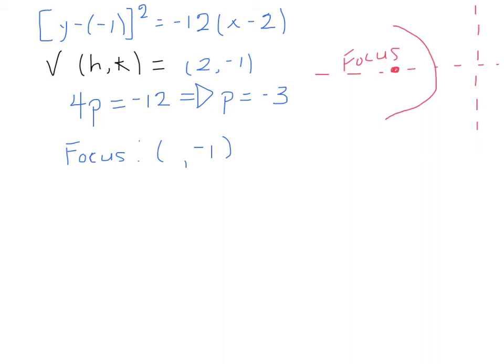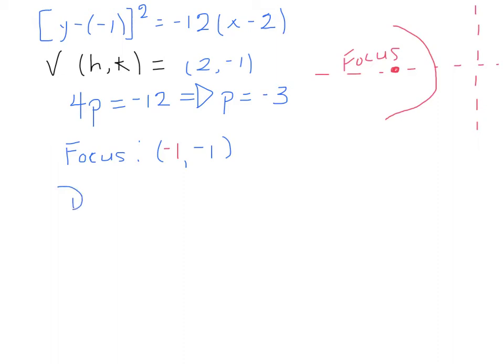Now, to find the x-coordinate of the focus, we just need to know that if the vertex is at 2, -1, the focus is 3 units to the left of that. And so if I'm at +2 on the x-axis and I go 3 units to the left, at what number do I arrive? Hopefully, you noted that we would arrive at -1. So your focus is the point that has an address of -1, -1 on the coordinate system.